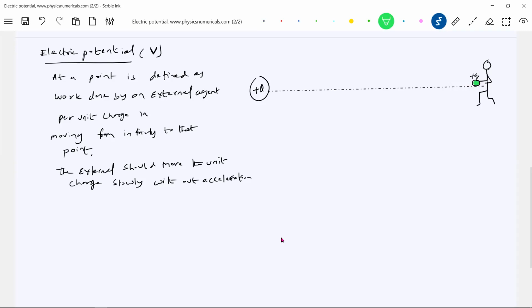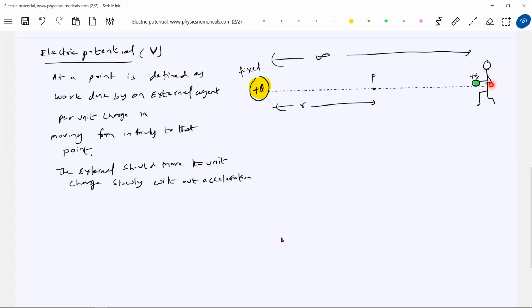This is the point charge. It is fixed here. This will not move. Initially the separation is infinity, and finally, I'll bring the unit charge to a point which is at a distance r.